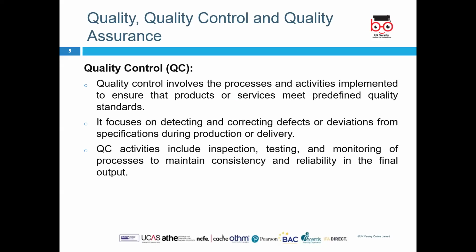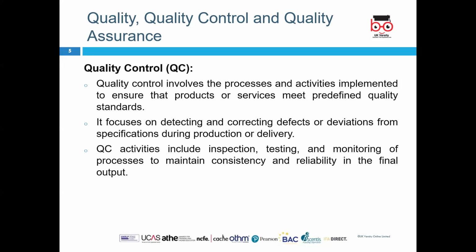So then next we look into quality control. So quality control involves the processes and activities implemented to ensure that products or services meet predefined quality standards. So again, this is a comparison, or basically benchmarking with the quality standards. So it focuses on detecting or correcting defects or deviations from specifications during production or delivery.